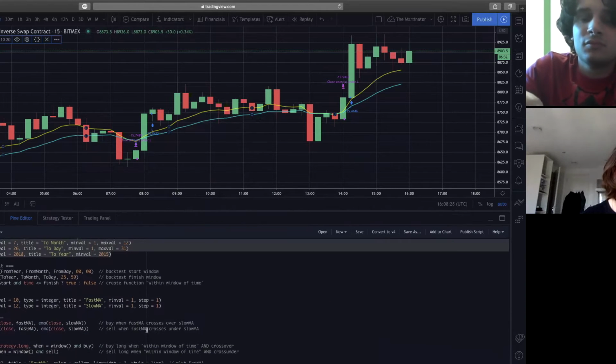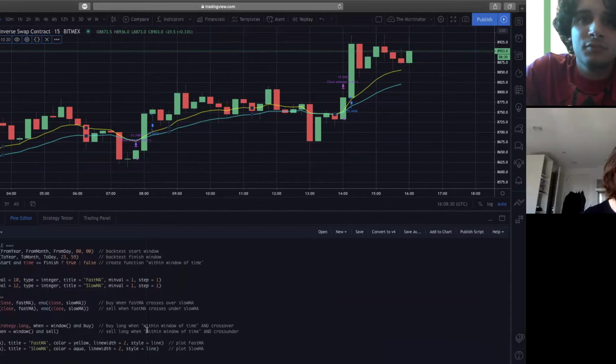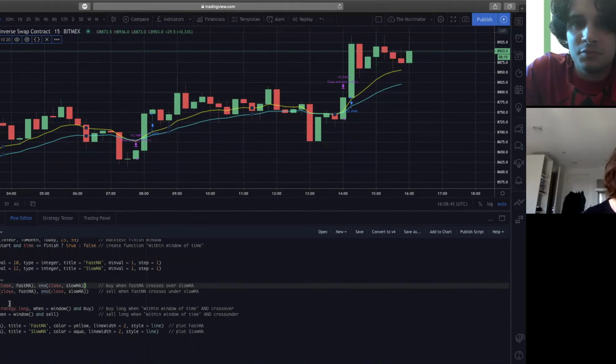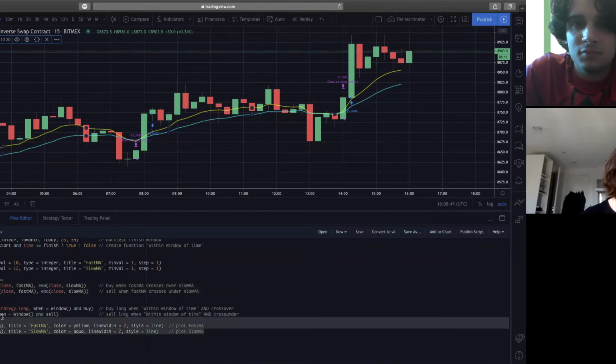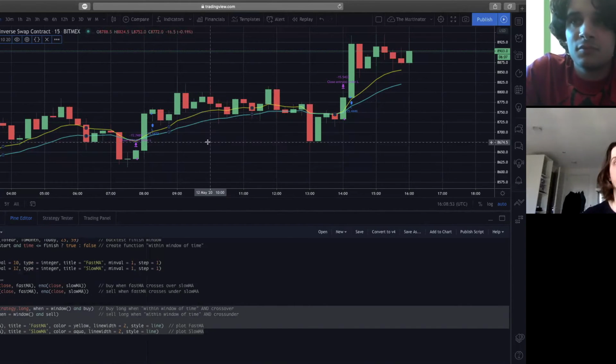And then you can make the logic. For example, we were talking about crosses, so you can see here the buy and sell signals happen on the crosses when the MA close fast crosses the slow MA and the other way around. And then you can execute the strategy and plot it so you could see nicely what happens.